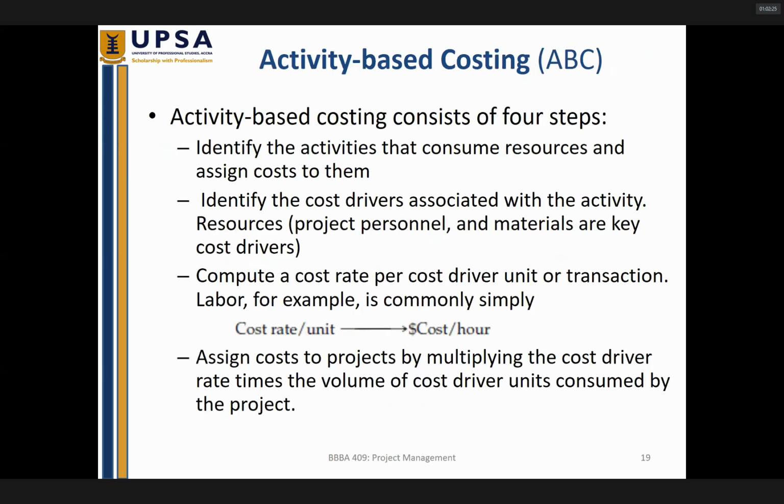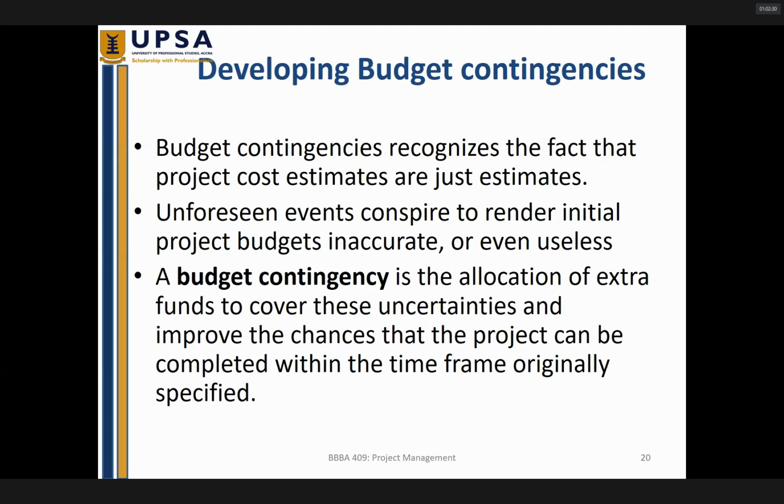Okay. The final slide I want us to discuss for budget estimation and project cost estimation and budgeting relates to what we call contingency, or budget contingency. Now, budget contingency recognizes the fact that project cost estimates are just mere estimates.